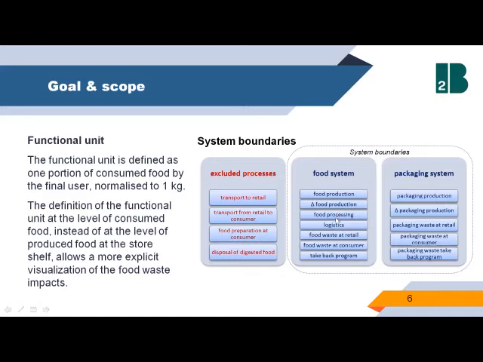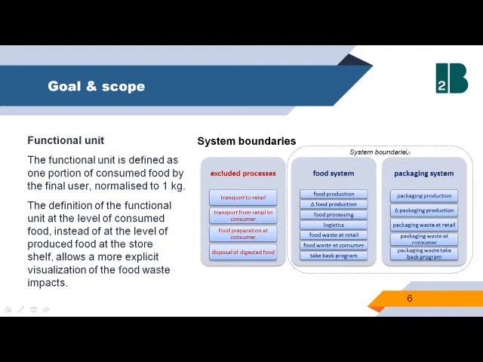Then we have a category for the food processing, logistics, food waste at retail, and also food waste at consumer, and any take-back program. Disposal of food often is not taken into account in LCAs, so you can see them here at the excluded process. The disposal of food is not considered in the LCA, but that's the normal assumption.